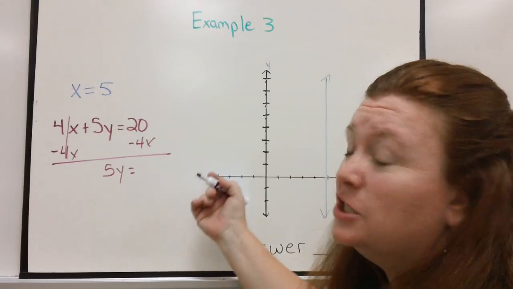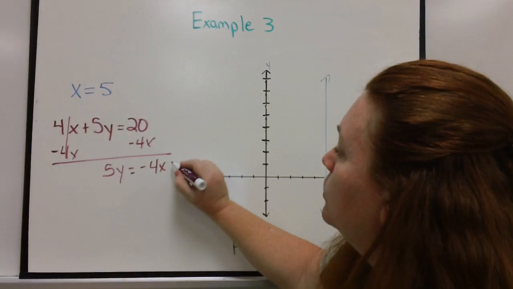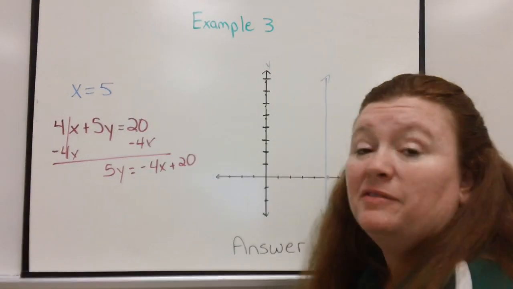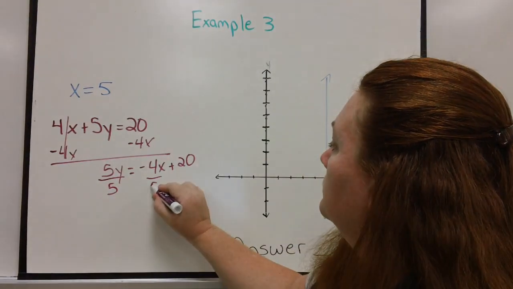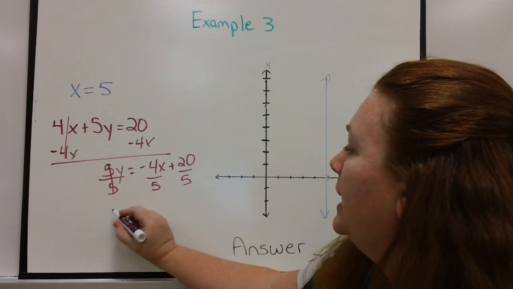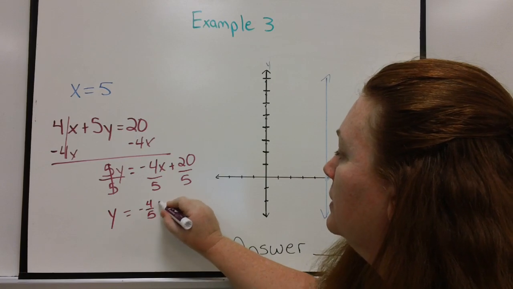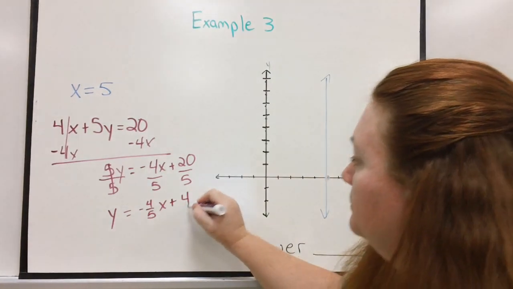So the best I can do is write it negative 4x, and that's a positive 20, so I write plus 20. Now I have to divide by 5. And I get y equals negative 4/5 x plus 4.